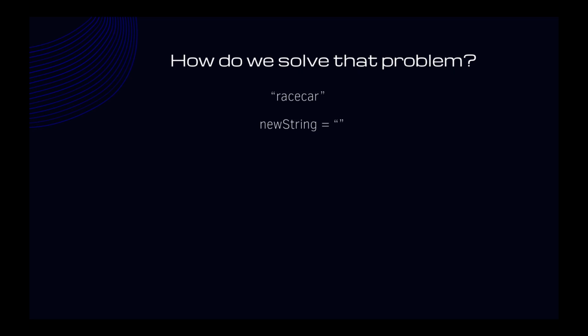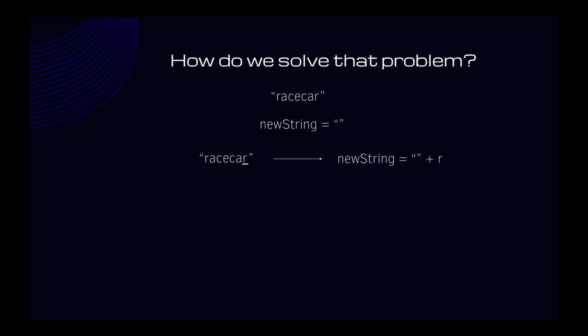And at each turn of this so-called loop, you just append the current character to the new string. And what this means in programming terms is that you start a loop at the end of the input string, and you iterate over each character until you are at the first character.